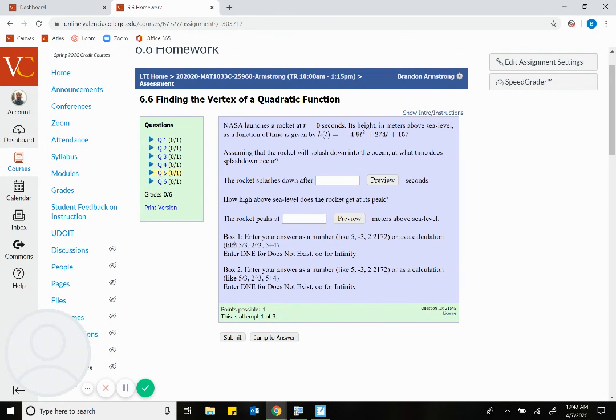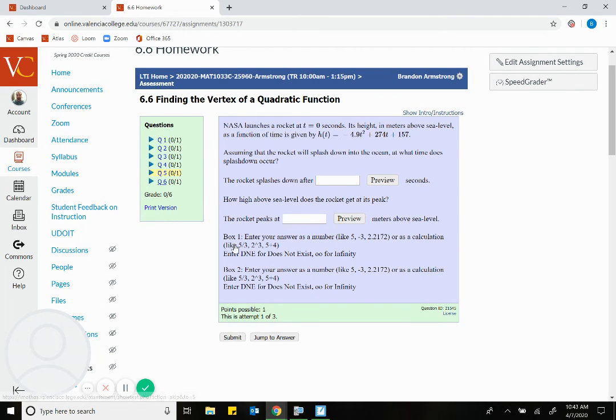Anytime you see the words maximum, or some of these might ask about a minimum, it wants you to find the vertex, specifically the y value. So take this equation up here and find the vertex and find the y value.